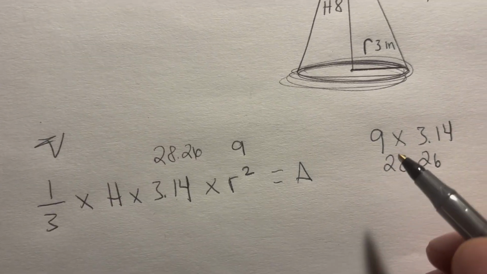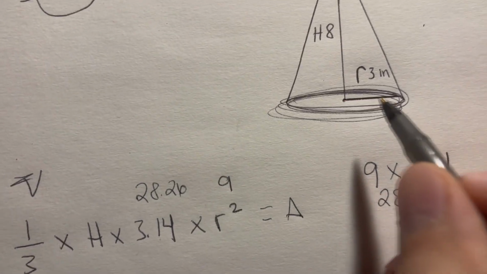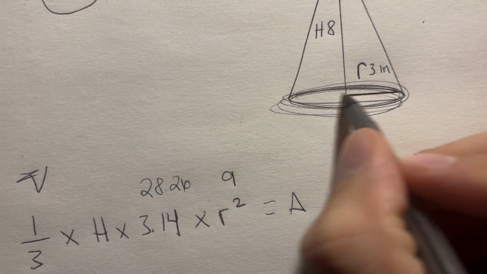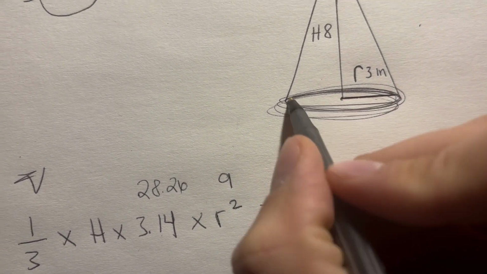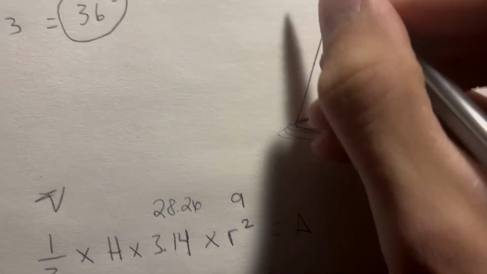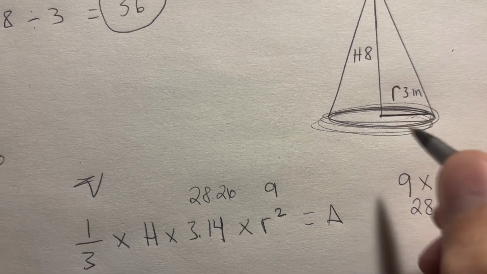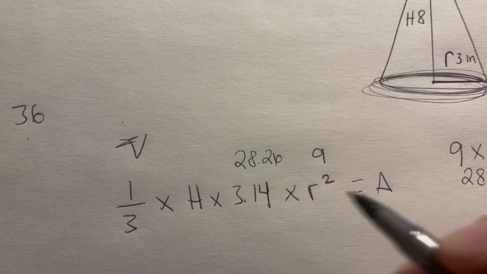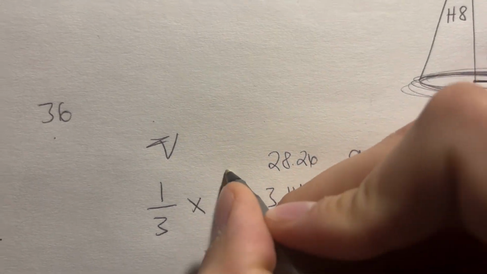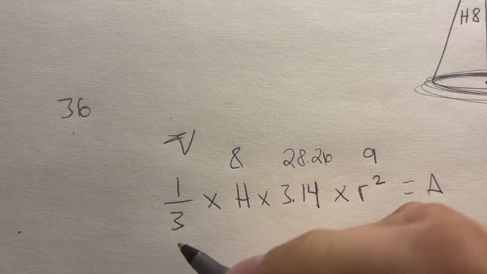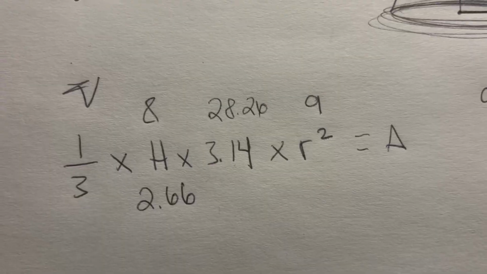This 28.26 is the area of the base of the cone. But we need the volume, so we need to put in height, which is 8 inches. So what you do is 8, which is height, divided by 3, 1/3. I use a calculator.